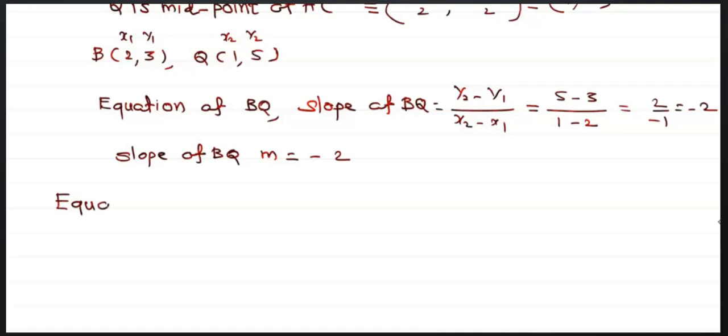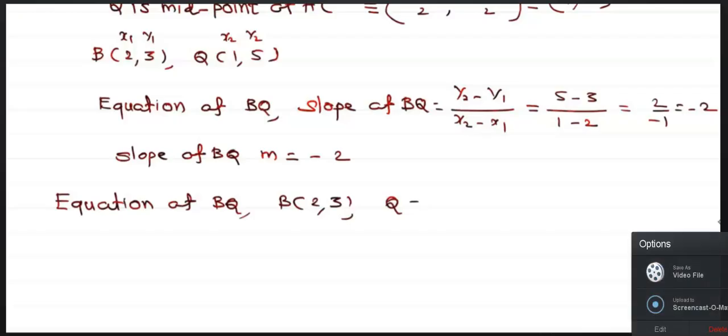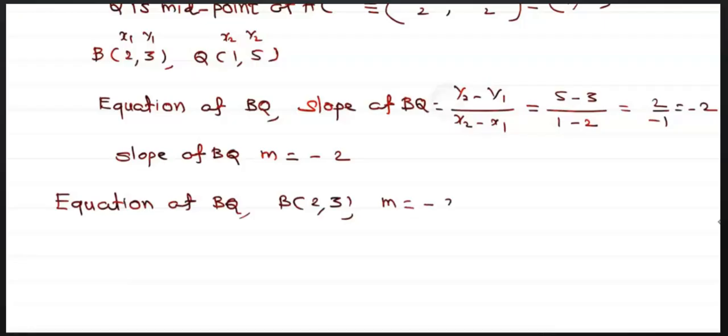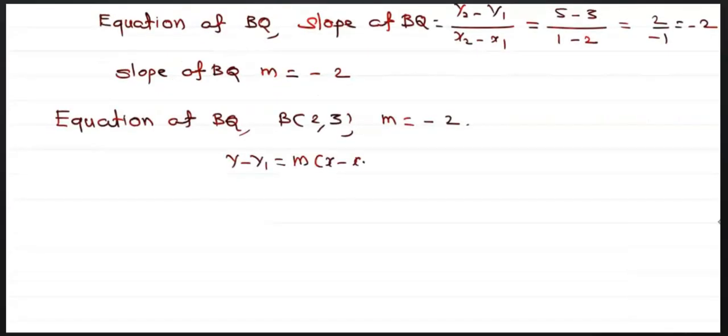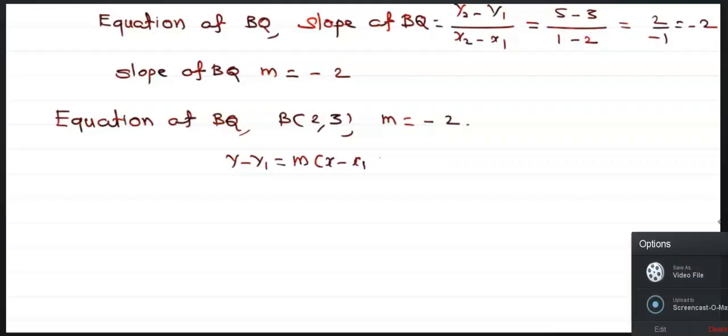M is equal to minus 2. Equation of BQ: y minus y1 is equal to m in bracket x minus x1.